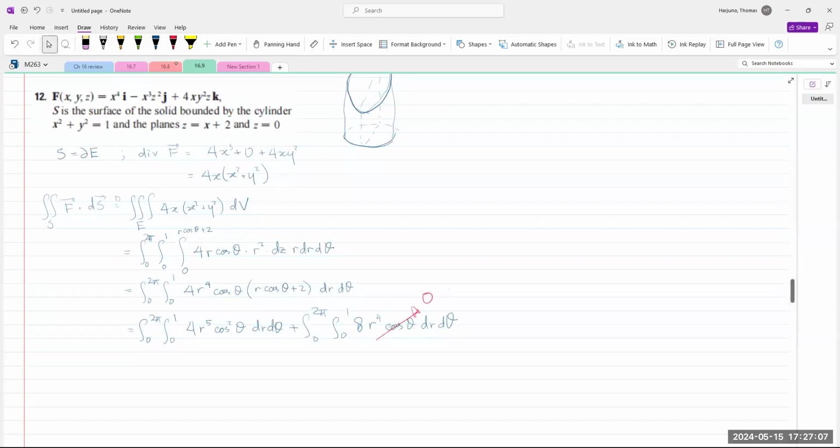Okay, so we only worry about the first term. That will be 4 times the integral from 0 to 2 pi of cosine squared, that's (1 plus cosine 2 theta) over 2 d theta, times the integral from 0 to 1 of r to the 5th dr. And I know again this will integrate to 0, so I get 4 times pi times 1/6, so I get 2 pi over 3.